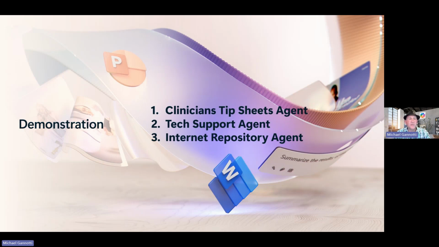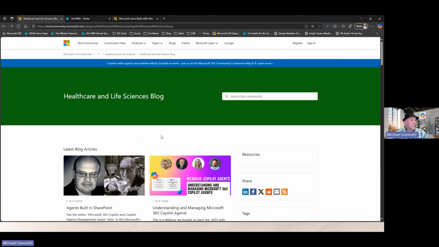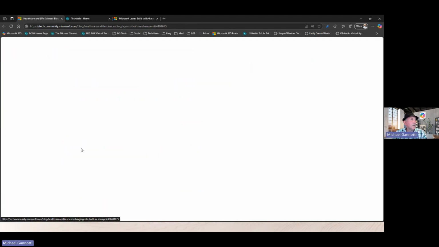I've got the chat open since I have people now posting in QA. I guess I'll just keep skipping back and forth. Can we get a link to the management session about Copilot agents? Sure. Let's do that. I'll give you that real quick. That's an easy do. Here we go.